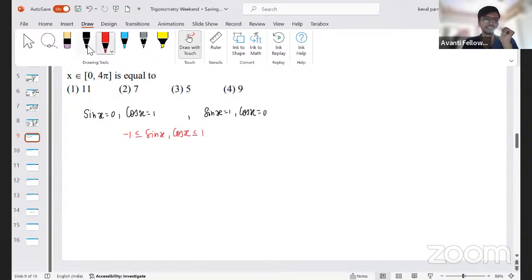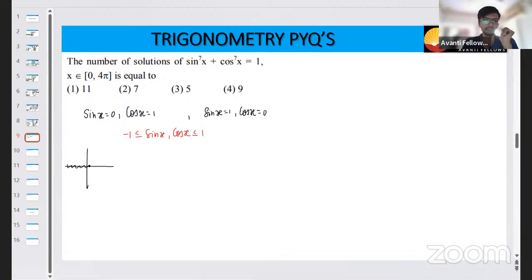Correct? Sin x and cos x lies between -1 and 1. So if sin x is 0, that means we have the x-axis and cos x is 1. And here sin x is 1, cos x is 0. So we have the y-axis. But cos x 1 तो हमेशा positive पे होता है ना? Right?